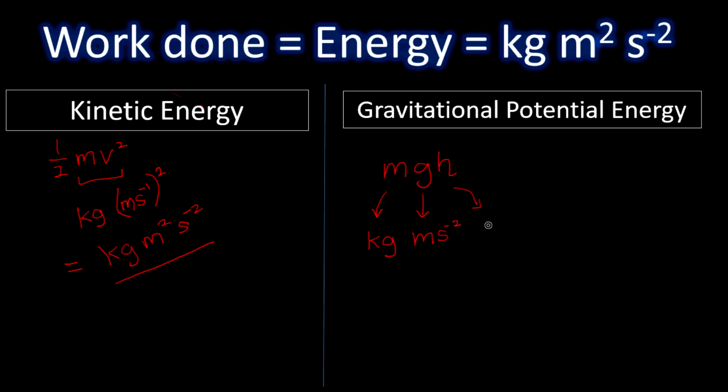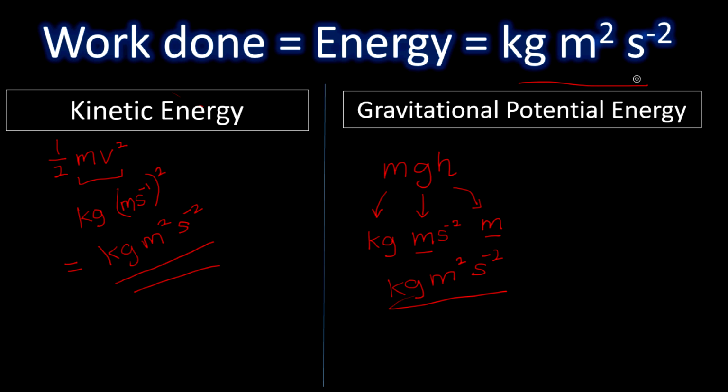So height unit is unit of length, which is meter. Alright, so we combine all, it becomes kg m, so this is m^2, and then s^-2. You see, kg m^2 s^-2. So up here also kg m^2 s^-2. So we prove that all types of energy actually have same unit, which is same unit as work done.